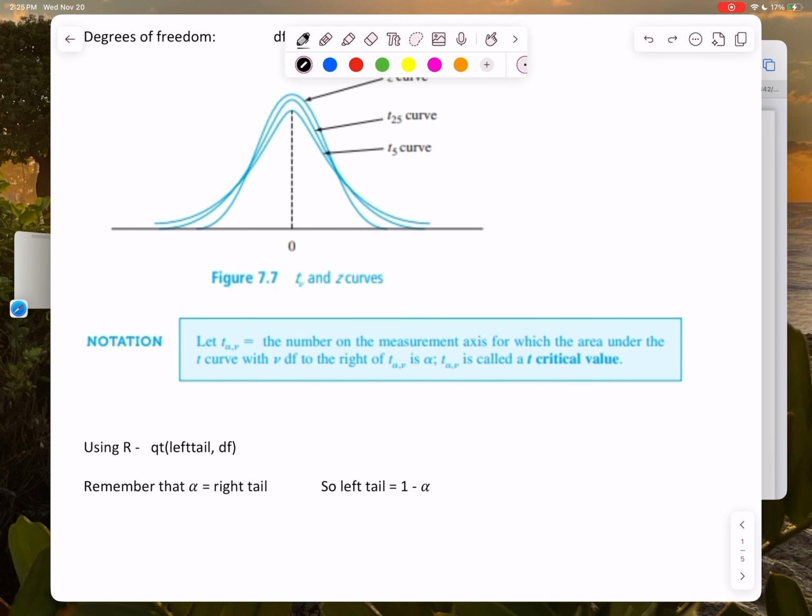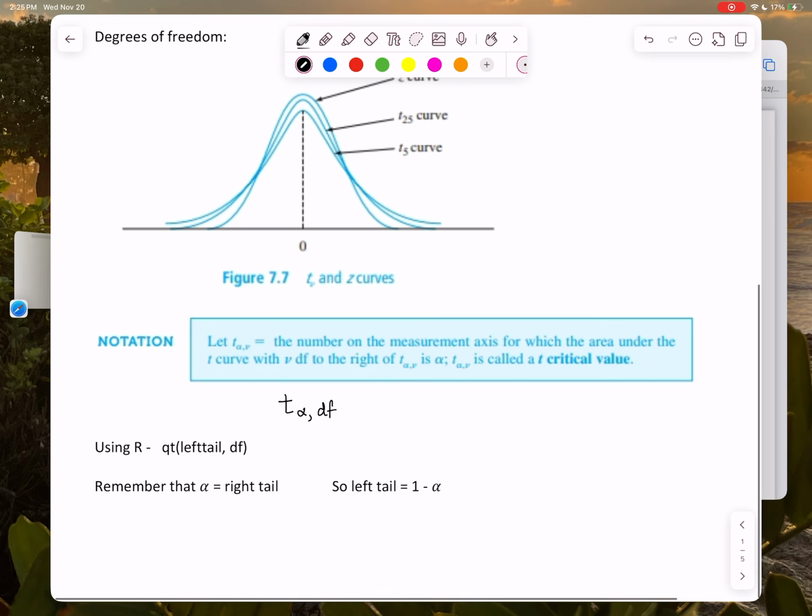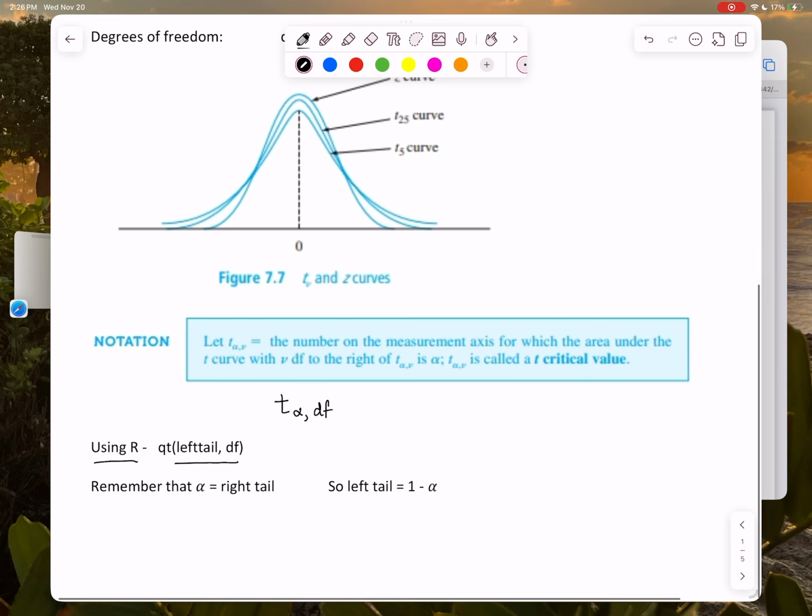So there's a little bit of notation here. Before we did a z alpha, but now different sample sizes have completely different t distributions. So when we have this alpha, we also need to include the degrees of freedom. We can use R to find these t values given a left side probability.